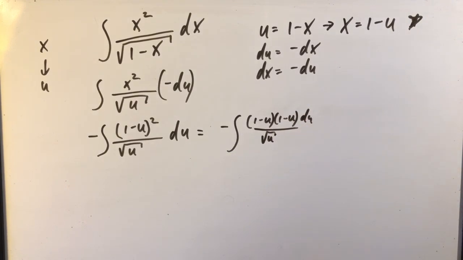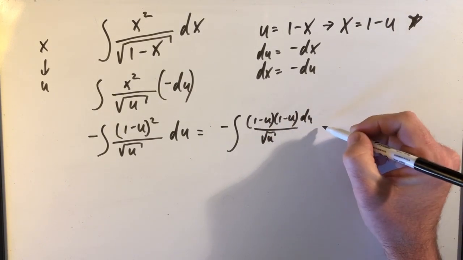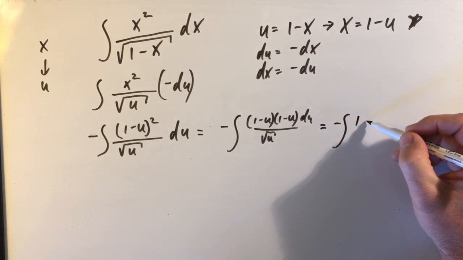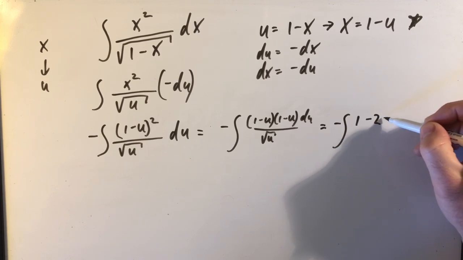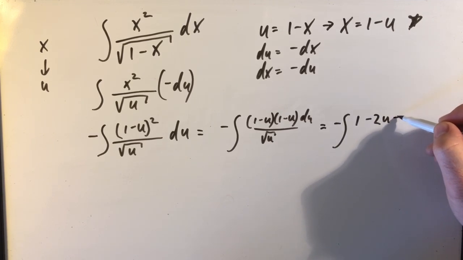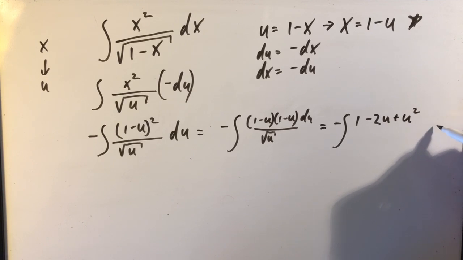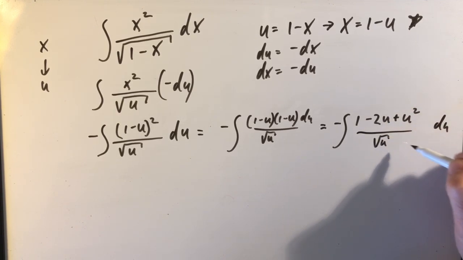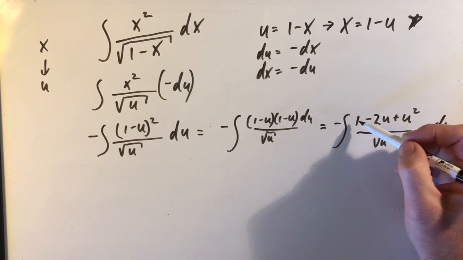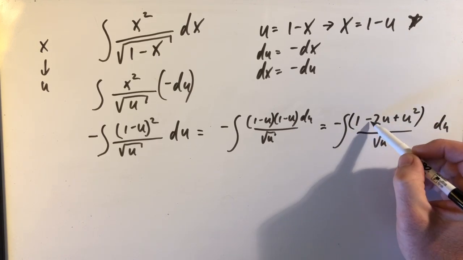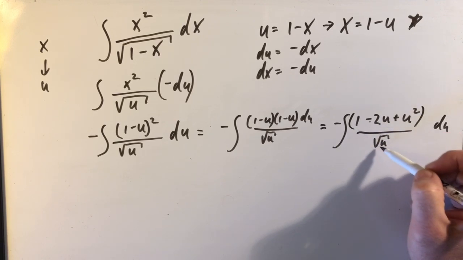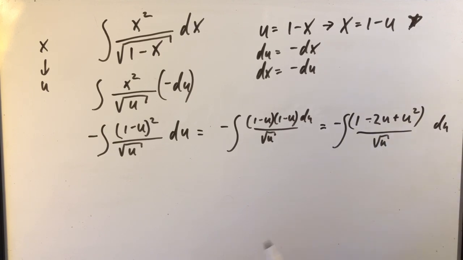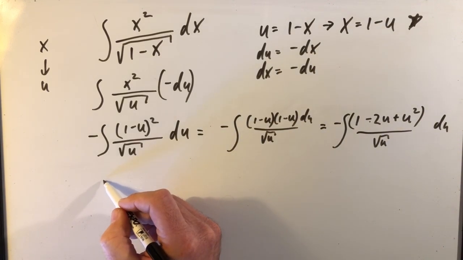So I'm more hopeful now because I'm going to be able to factor this guy out and get, let's see, 1 minus 2u plus u squared du over square root of u. That's a nice simple denominator, and I have addition signs in my numerator, so I'm going to be able to take that guy and just separate it. Go 1, 2, 3. So I'll write it over here.